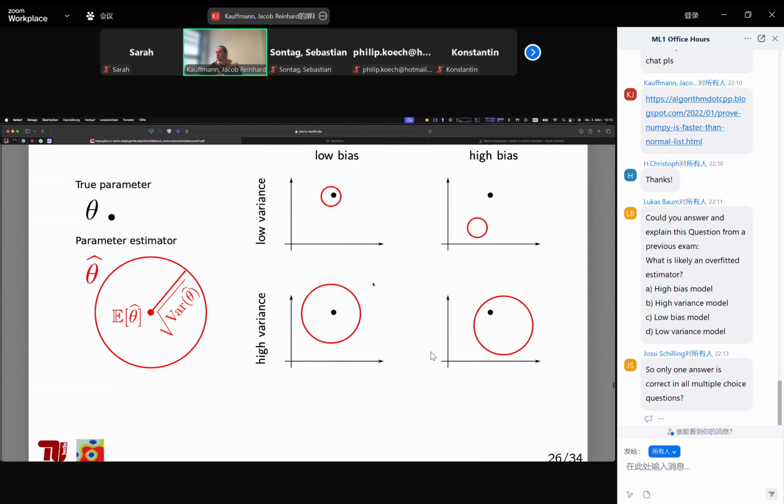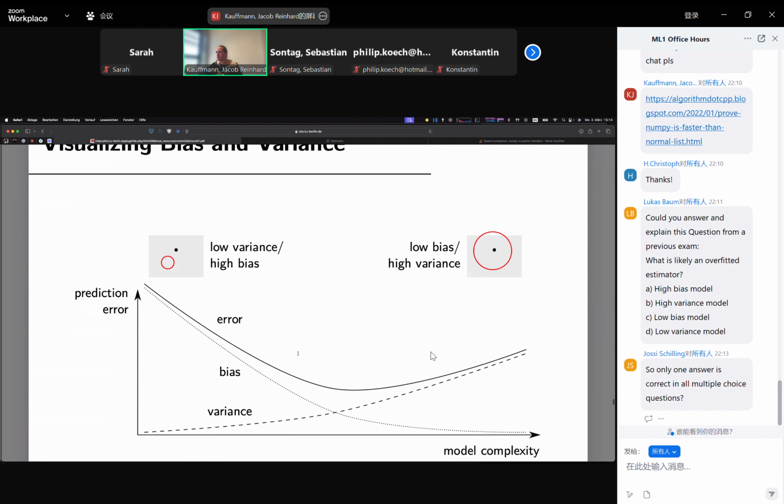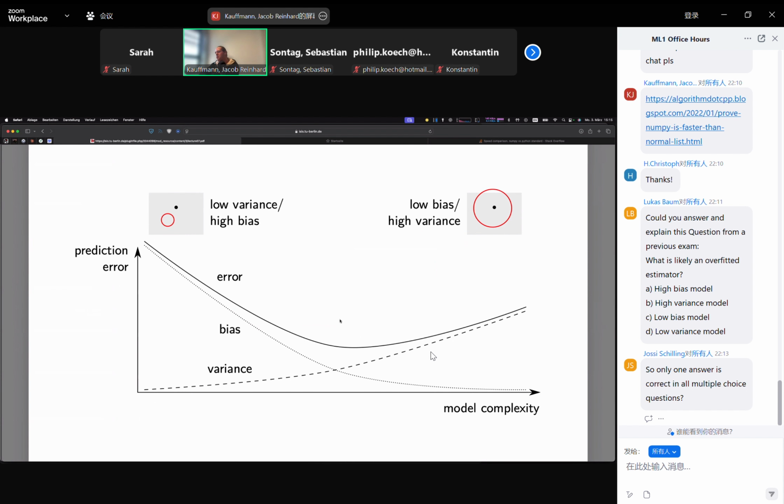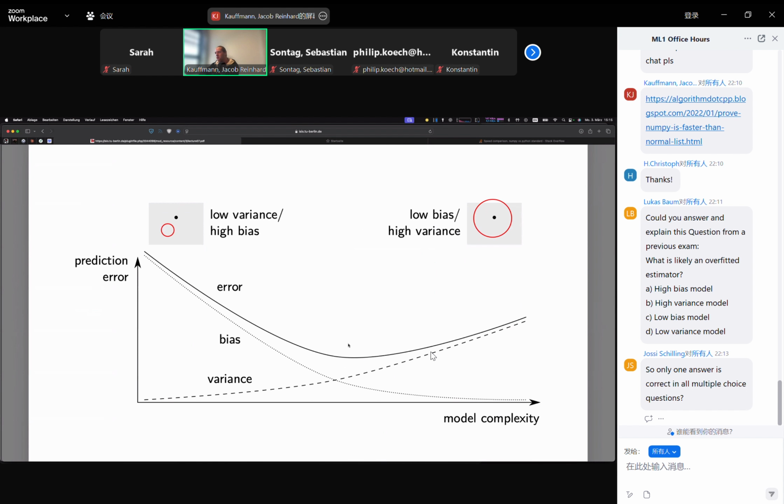Yes, I think this one is the relevant plot. It doesn't really say overfitting, no?